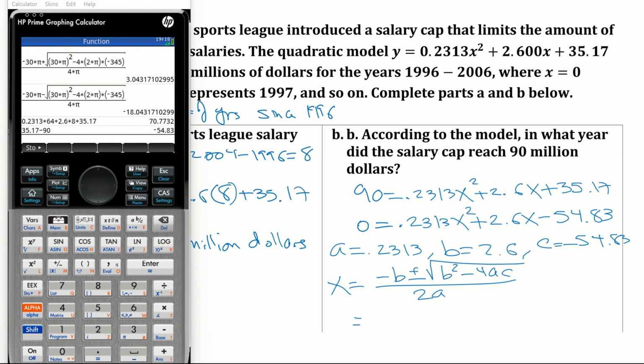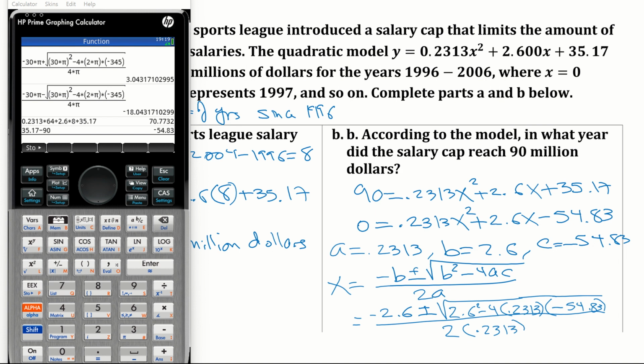So negative b is negative 2.6 plus or minus square root of b squared, so 2.6 squared, minus 4 times 0.2313, that's A, times C, which is negative 54.83, all of that over 2 times A, which is 0.2313.